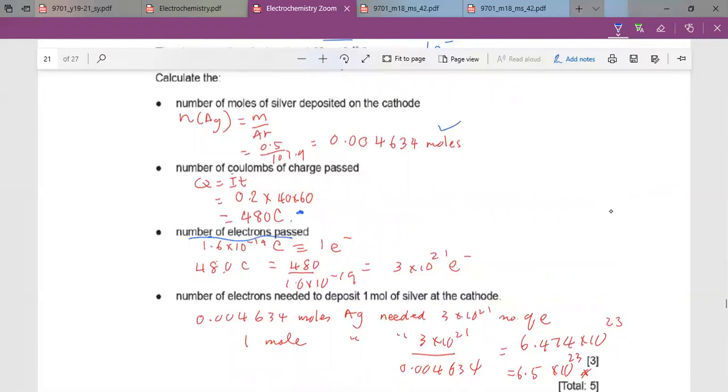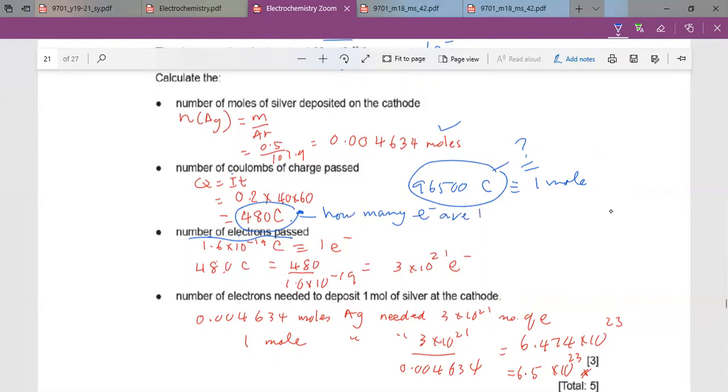Now remember, you're supposed to find Avogadro's number, so this is another way of doing things. Normally we use 96500 coulombs equals 1 mole, but right now we cannot, because I want to find something here. So I use another way. How many electrons are there to give me 480 coulombs of charge?